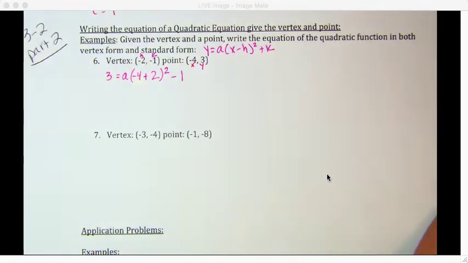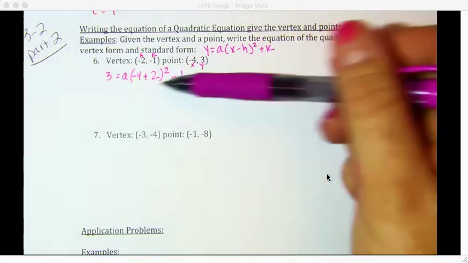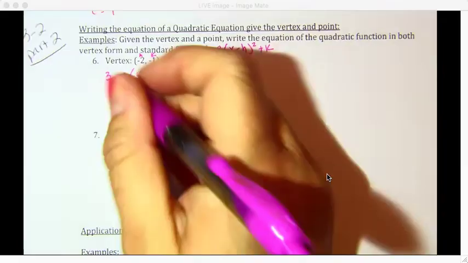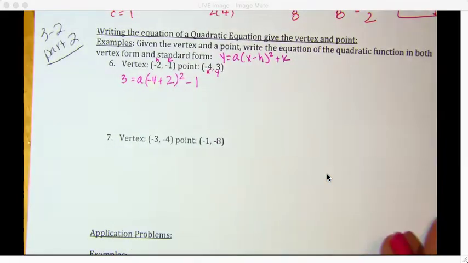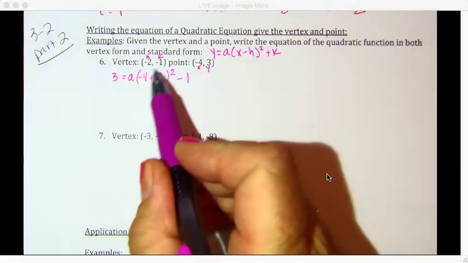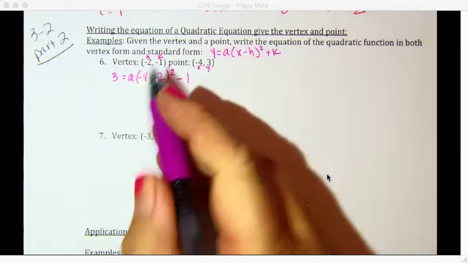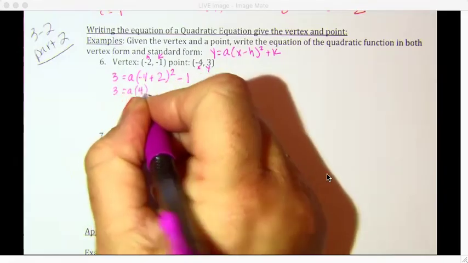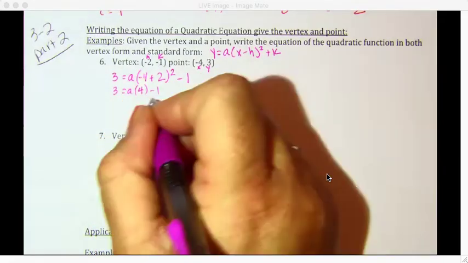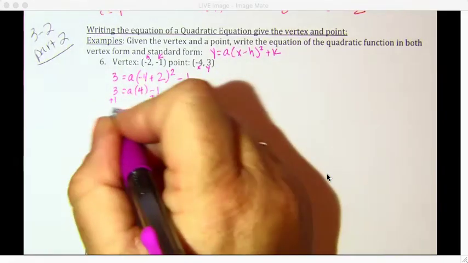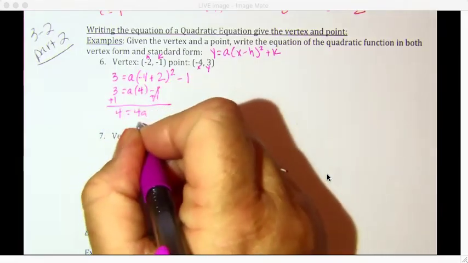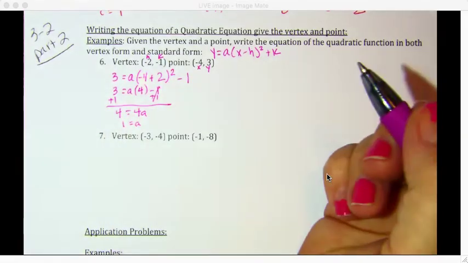And now there's only one unknown in this whole equation, and that's a. So this is going to allow me to solve for a. -4 plus 2 is -2. -2 squared is 4. And so I have 3 equals a times 4 minus 1. I can add 1 to both sides, and I have 4 is equal to 4a, so a equals 1.